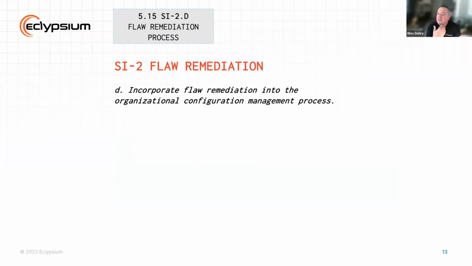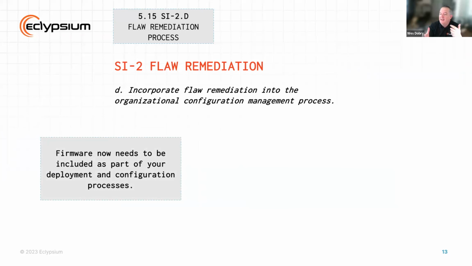The second one that's also within flaw remediation is the actual process. And a lot of times from a corporation perspective, we haven't really thought about how we're going to deploy firmware and manage firmware at scale. This is something that needs to be thought of and integrated into your configuration management processes, especially now since there's language associated to firmware within CJIS.